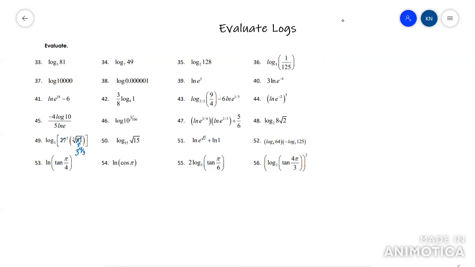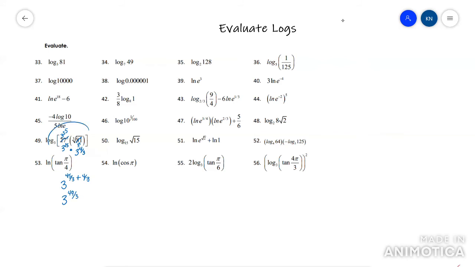And 27 is 3 cubed. And then it gets raised to this other power of 5. It makes 3 to the 15. So the fact that these are multiplying means you're going to have to add them. So 15 is the same thing as 45 over 3. So when you combine these, you get 49 over 3.